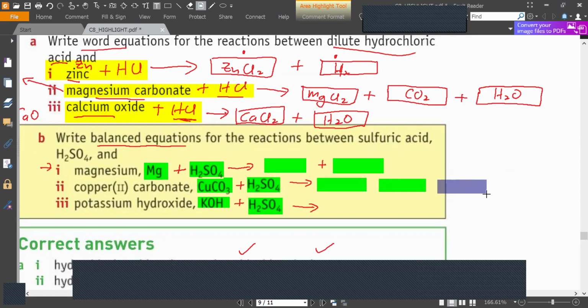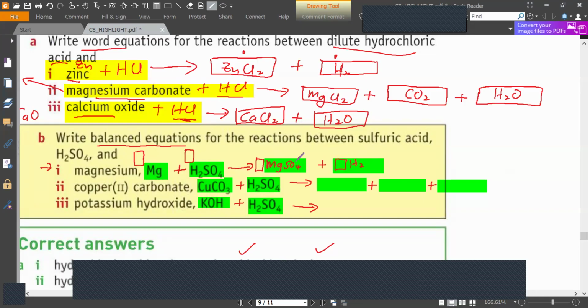Magnesium sulfate. Yep, so we'll get magnesium sulfate and the other product, H2. Yes, hydrogen gas. Now we need to find out how many moles of each one.